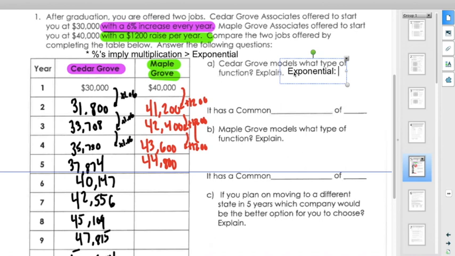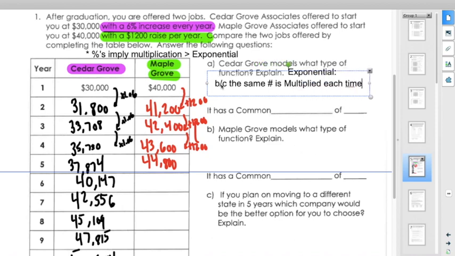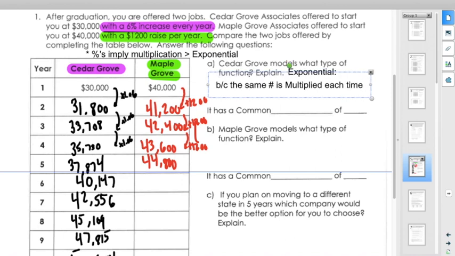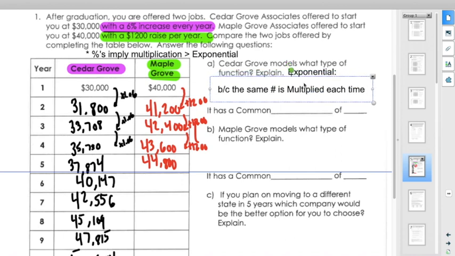Well, it's exponential because the same number is multiplied each time. Okay? The same number is being multiplied each time, not added. Therefore, it has a common ratio of 1.06.